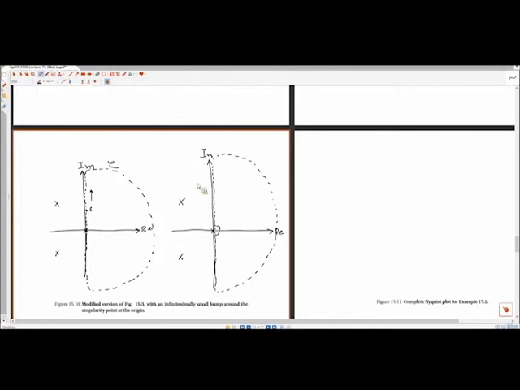All right. So before we said that we have important points of S equal to i0 to the left, S equal to i0 to the right, S equal to i infinity, S equal to negative i infinity. We're going to have the same important points now, except one extra one.